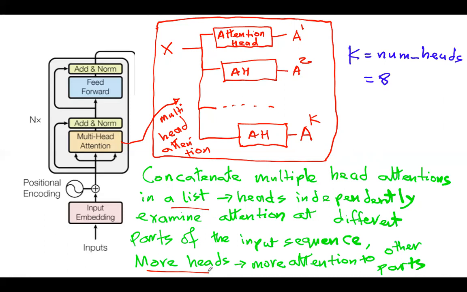The more heads you have, the more attention you're trying to study. By attention, I mean that we're putting more emphasis on how one word is being paid attention to by the other words in a sequence. And more heads will provide more attention in understanding how the words in a sequence are related, and that will lead us to a more powerful representation of the model or the feature space, right?